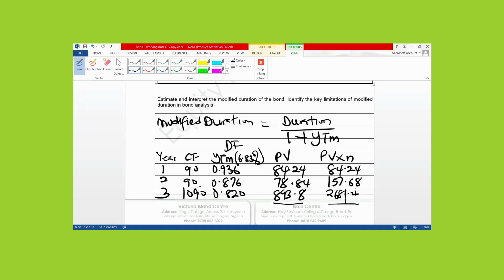Present value multiplied by n sums to 2923.32. Summation of present value, what do we have? 1056.88.